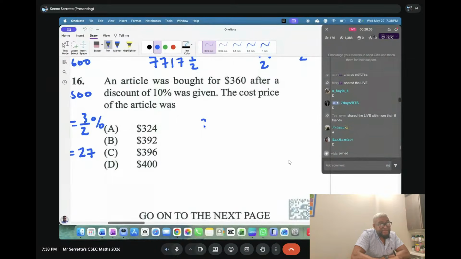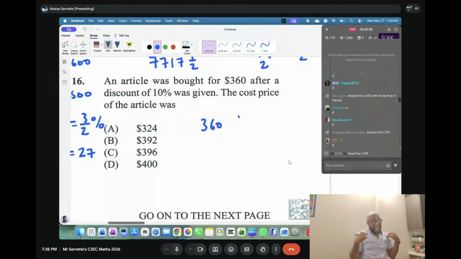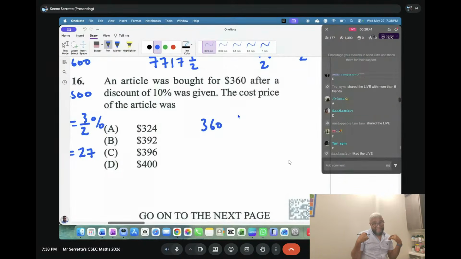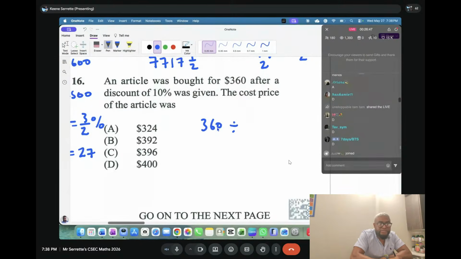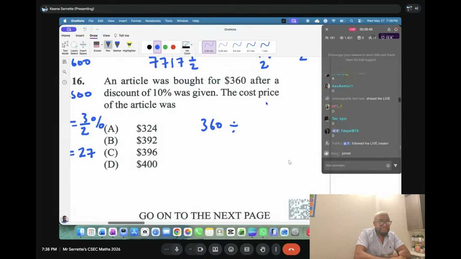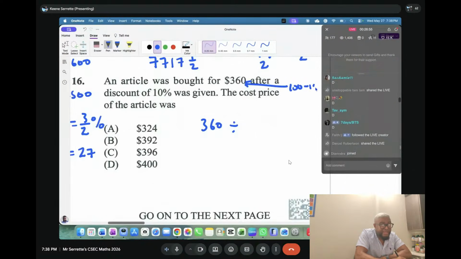So anytime, listen to me, anytime it is after discount and I want to get the cost price of the article, which will be before the discount, you simply divide by the percent the 360 is. This 360 would actually be 100 minus 10. That would be 90%.